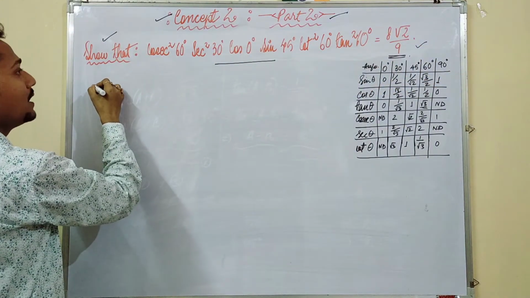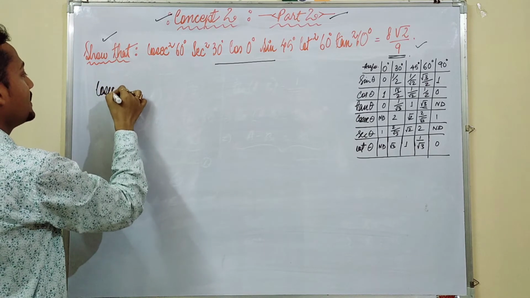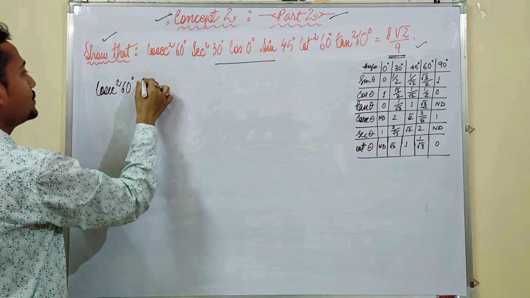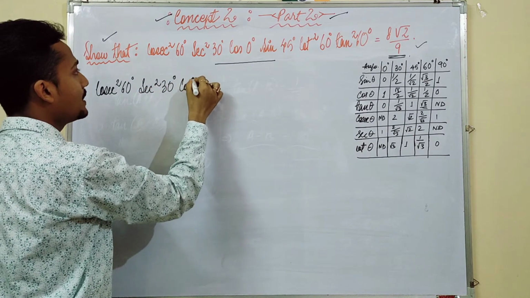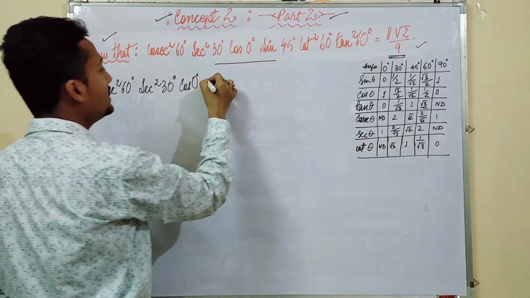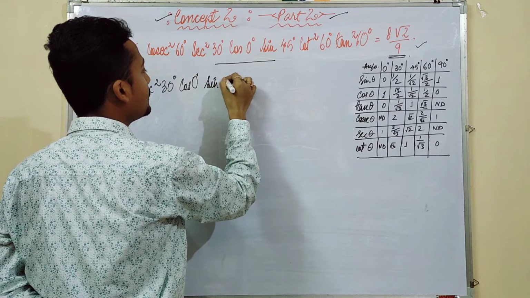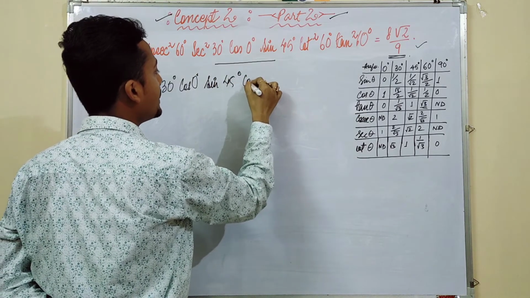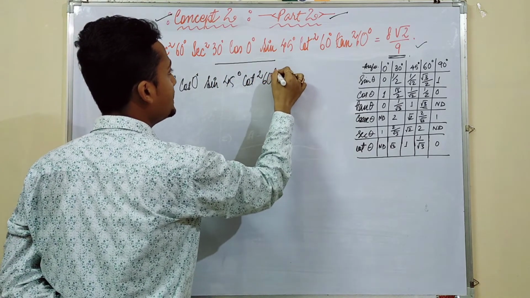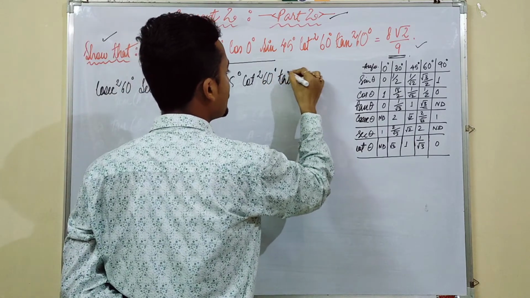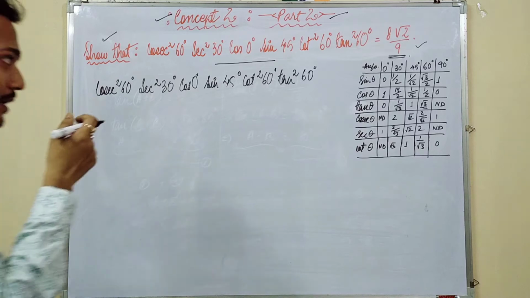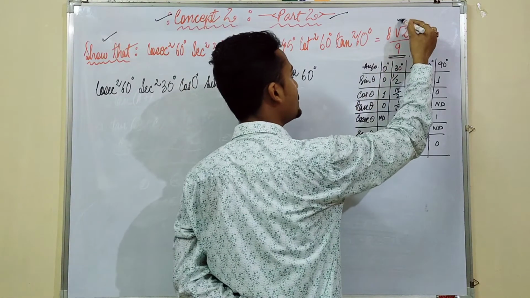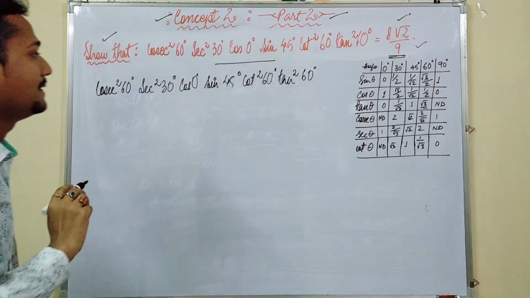That means cosec square 60 degree into sec square 30 degree into cos square 0 degree, sin 45 degree, cot square 60 degree, tan square 60 degree. Okay, and we will try to derive 8 root 2 by 9.